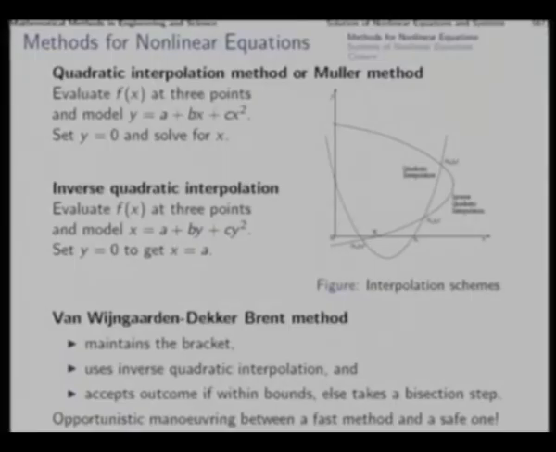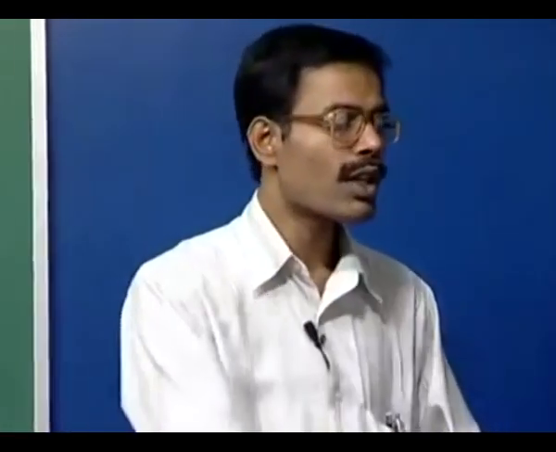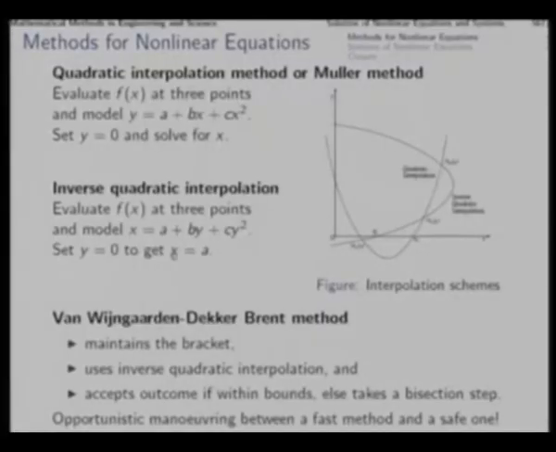On the other hand, if you find that the suggestion x equal to a turns out to be outside the current bracket, that means rather than squeezing the bracket, it would enhance the bracket, which is not desirable. Then you say that for that particular iteration we do not accept the suggestion of the inverse quadratic interpolation, rather for that particular iteration we replace that step by a straightforward bisection step.